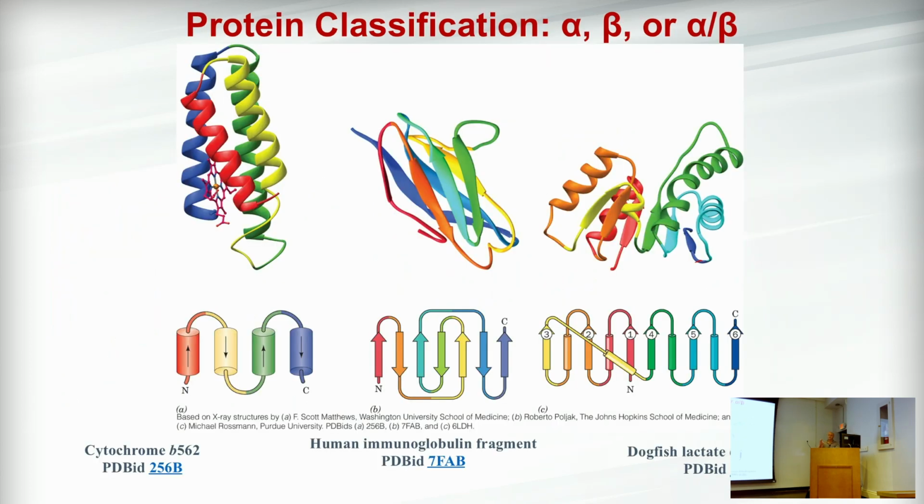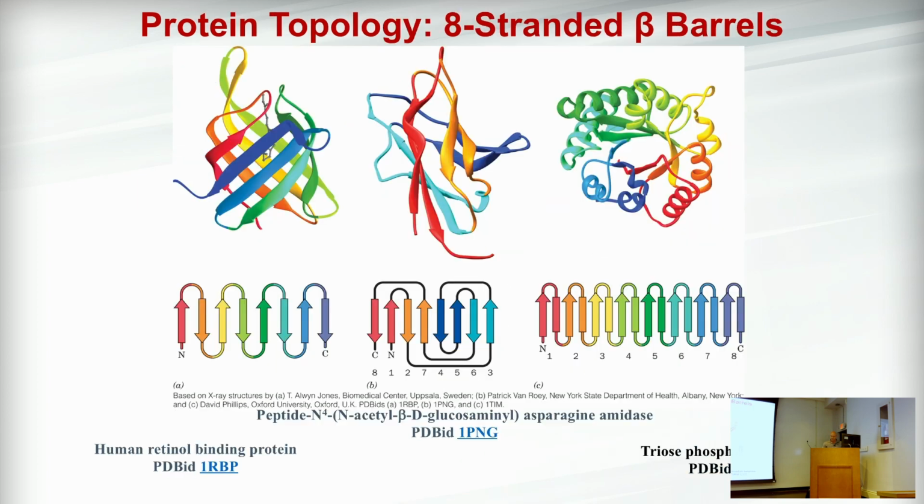And then this is protein classification. Well, they're either alpha helical proteins, or they're beta sheet proteins, or they're alpha beta proteins. There's not a whole lot to it, right? Those are only 2 secondary structures that we're using. So, some unique things are 8-stranded beta barrels.